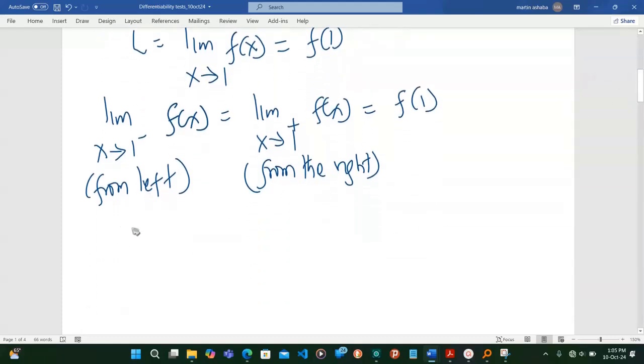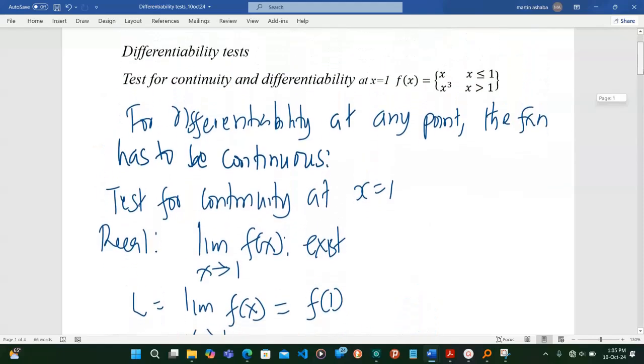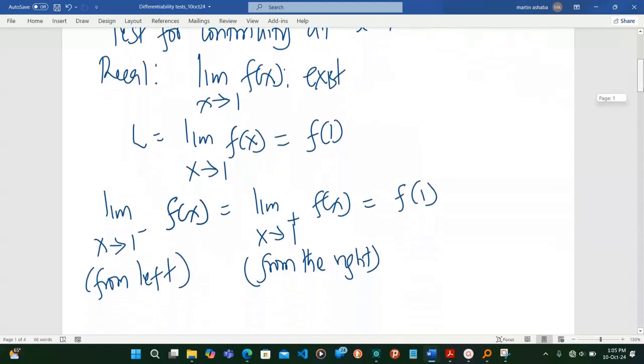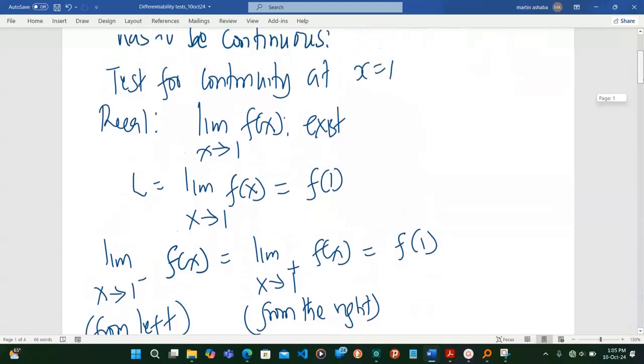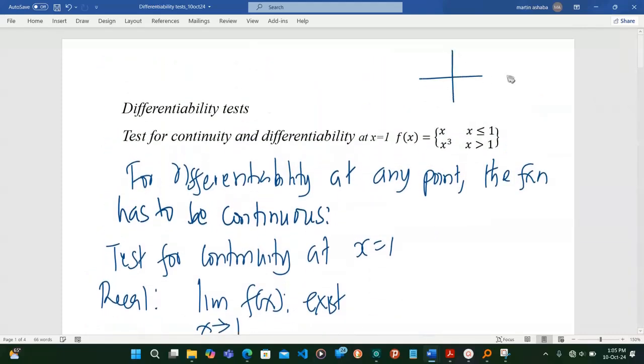So which side will give us the limit as x tends to 1 from the left? These are the values of x. If this is 1, these are the values of x less than or equal to 1, and these are the values of x greater than 1. So if we take the limit as x tends to 1 from the left, we are talking about the values of x less than or equal to 1.